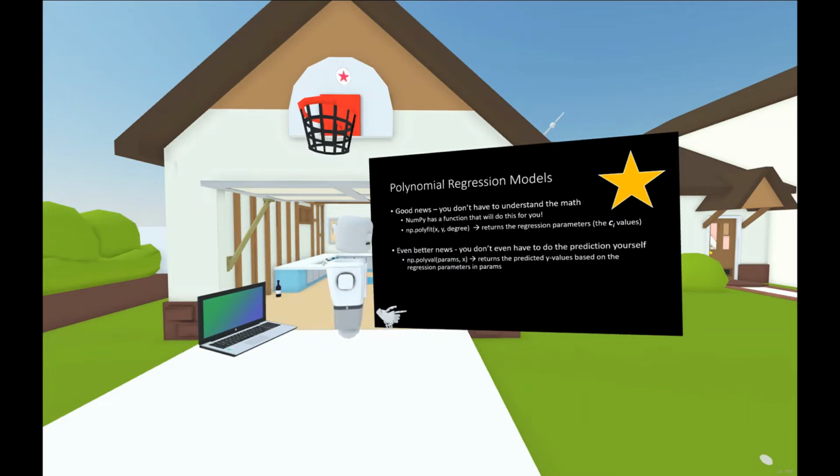This returns a list of predicted y values that are associated with all of the x values in this list. Now, this x and this x don't necessarily have to be the same thing. As a matter of fact, usually you don't want them to be the same thing. Keep in mind, one of the strengths of modeling is that you can predict values in between the values that you've already collected, in between the points of your training data.